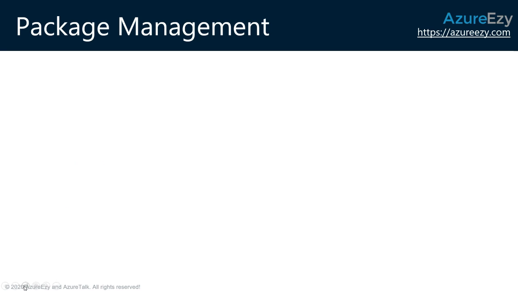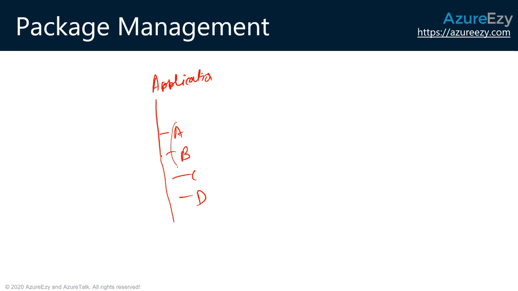Suppose you have your application, and this application might have certain things like A, B, C and D. Now these are the things that you need to implement.